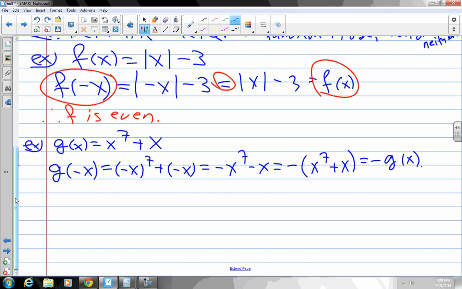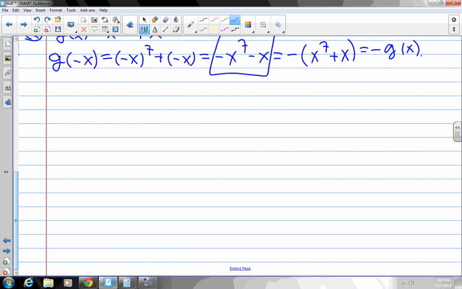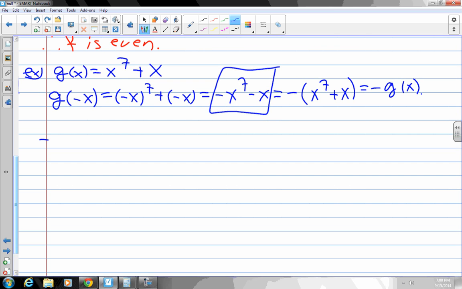Sometimes it's hard to notice this factoring thing. Sometimes it's a little tricky. So when you get to this point, where you see this function is not the same as the original, therefore it's not even, you can separately, and this is an alternative approach, compute negative g of x. See what negative g of x equals separately and see whether it matches what you get.